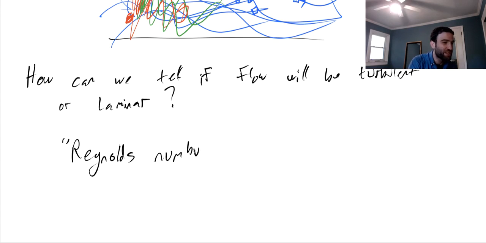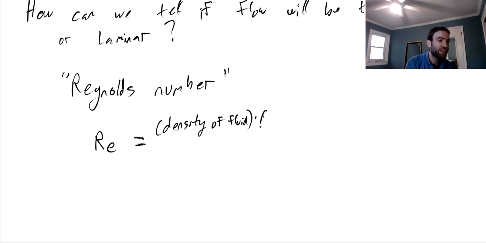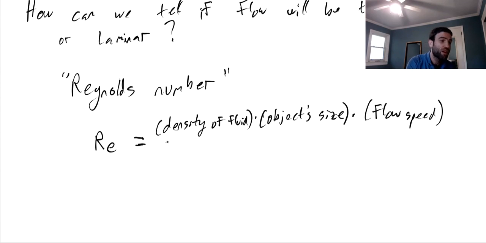and Reynolds was his last name, so there's no apostrophe here. The symbol that we use for the Reynolds number is this Re, and in words, the Reynolds number is determined by the following things. You've got the density of the fluid multiplied by some characteristic size of the object, so I'm going to write this as object's size, multiplied by the flow speed, all divided by the viscosity of the fluid.